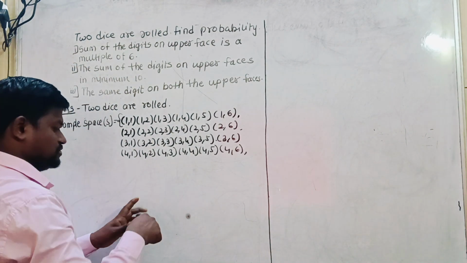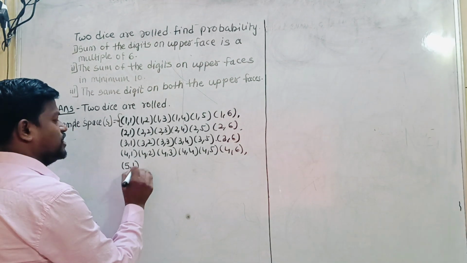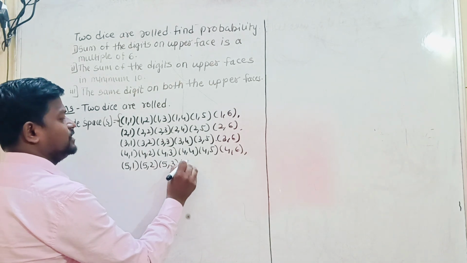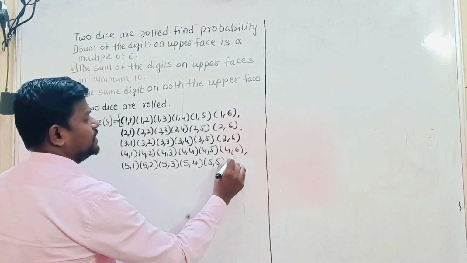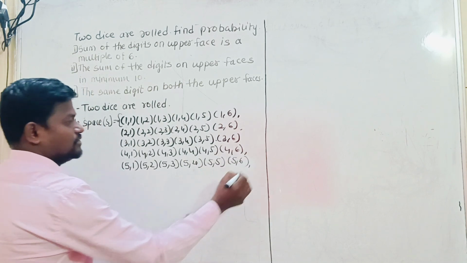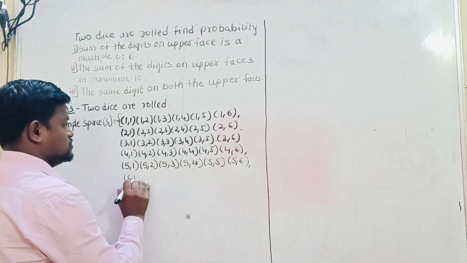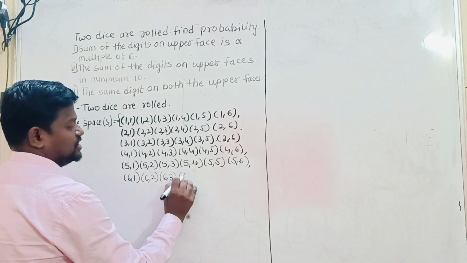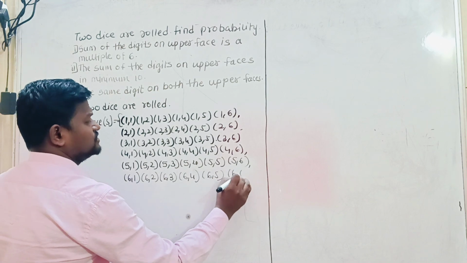Next 5 1, 5 2, 5 3, 5 4, 5 5, 5 6 and last 6 1, 6 2, 6 3, 6 4, 6 5 and 6 6.